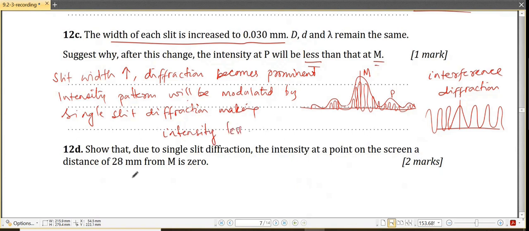This is how you need to frame the answer. So you take that 1 mark. Remember, you need to say the diffraction is having an effect on the interference pattern.